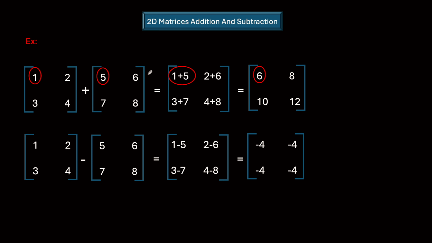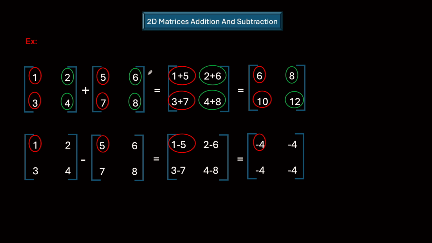So 1 plus 5 is 6, and 2 plus 6 is 8. 3 plus 7 is equal to 10, and 4 plus 8 is equal to 12.